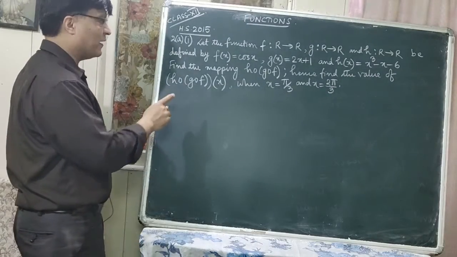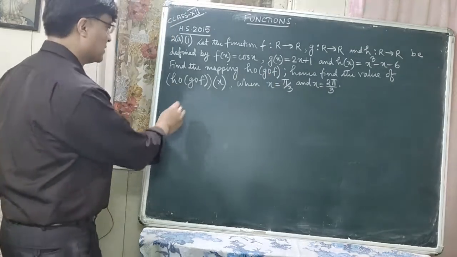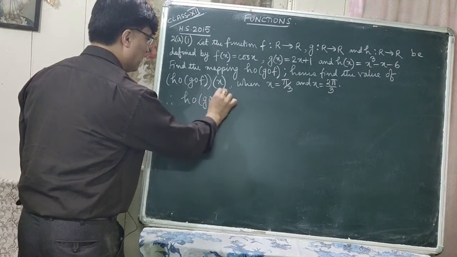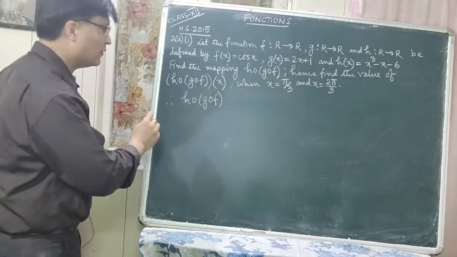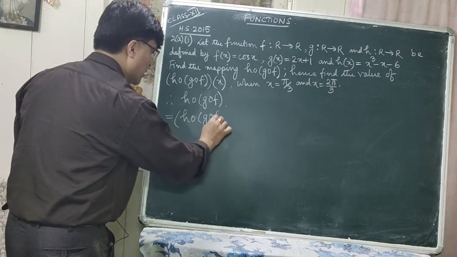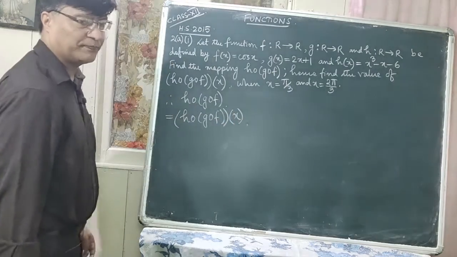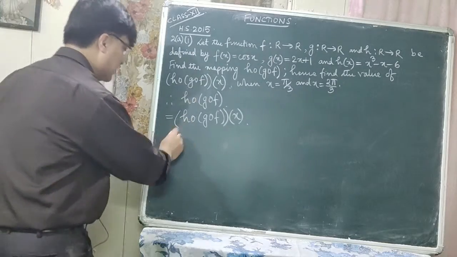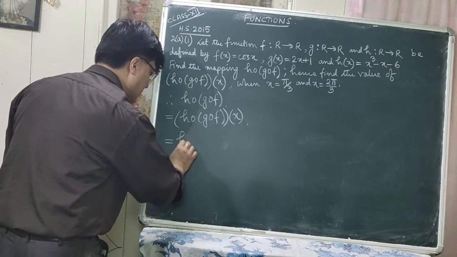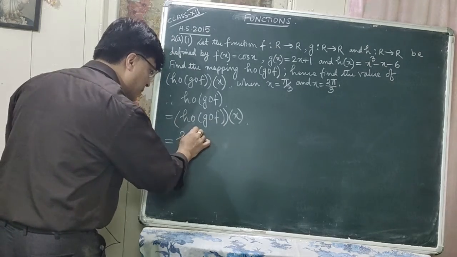Now first of all you have to find out the mapping or function h o (g o f). Let us find it. So therefore h o (g o f), this means you have to find out within bracket h o within bracket g o f, first bracket close, again first bracket is closed, and then you write x out here. Is that clear? Next it is simplified as h o. अब यसलाई फेरि हामी bracket भित्र हाल्छौं. H, this is converted into bracket. यो जुन चाहिँ bracket को बाहिर O छ यसलाई हामी के लेख्छौं?